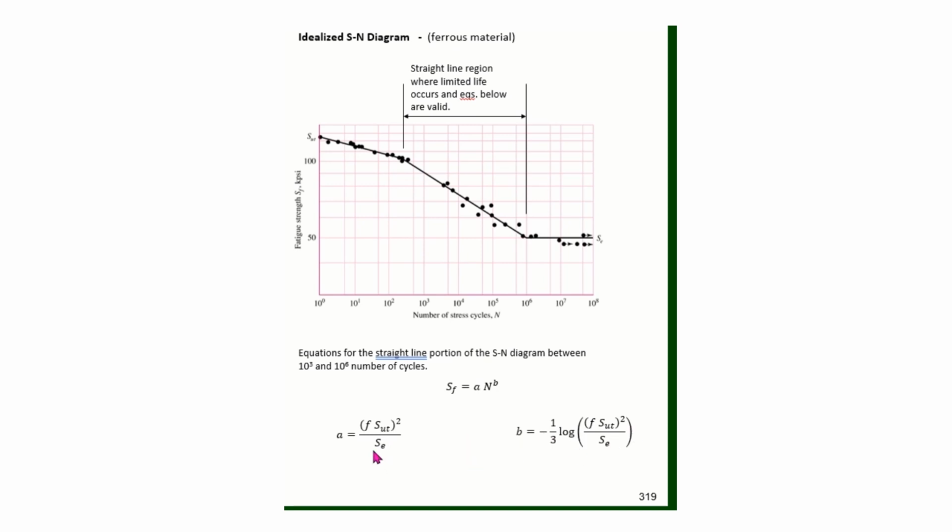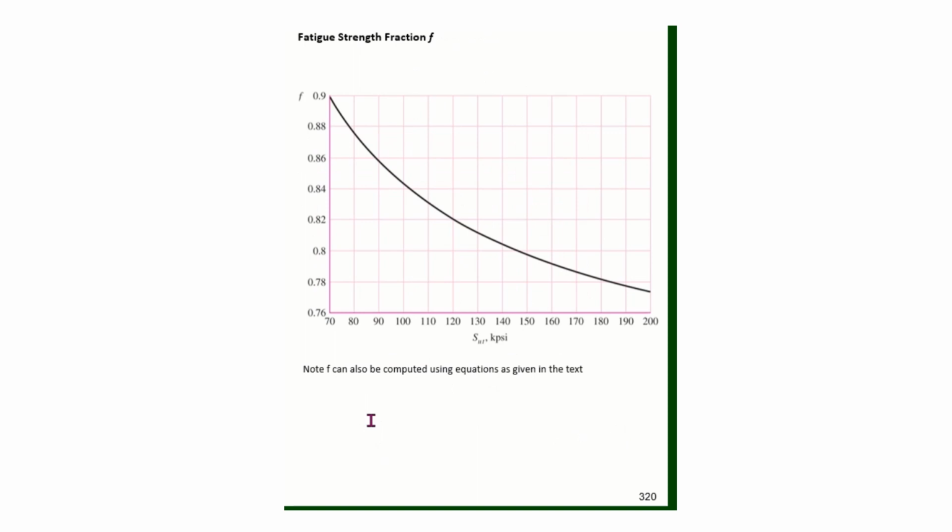To do that, we will need to look up the SUT for the material. We were given the endurance limit, SE, and we need to know the fatigue modification factor, script F. That script F comes from the following table or chart on page 320.